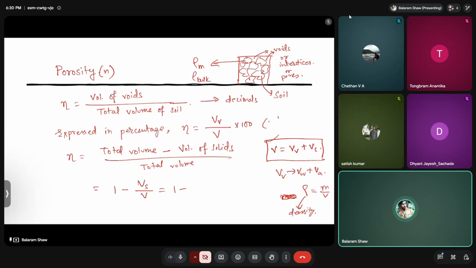So we can write the volume of solid as mass of solid divided by the density of solid, right? Into what is the total volume? Total volume can again be written as mass of the total layer. What will be the mass of the total layer here? Can you tell me?